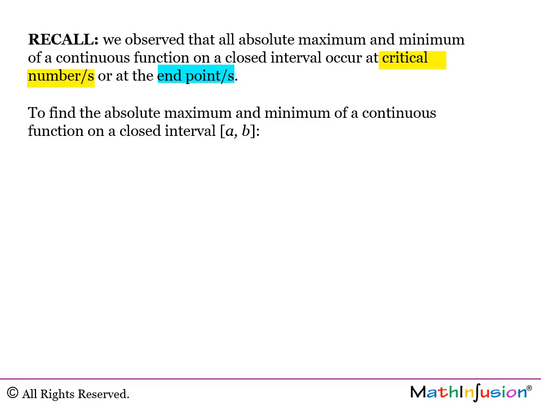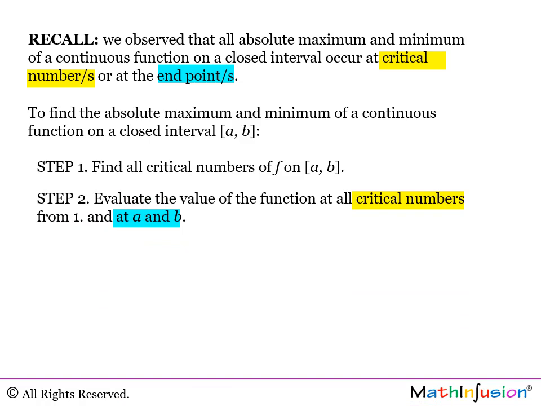So to find the absolute maximum and minimum of a continuous function on a closed interval [a, b], we need to do three things. Step 1, we have to find all the critical numbers of the function on the closed interval [a, b], because each one of those values of x is a suspicious value for which the function attains absolute max or min.